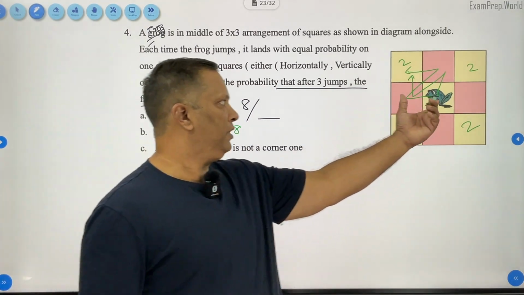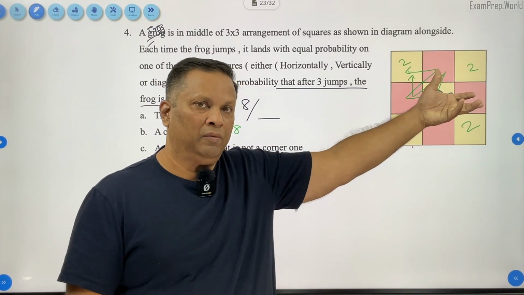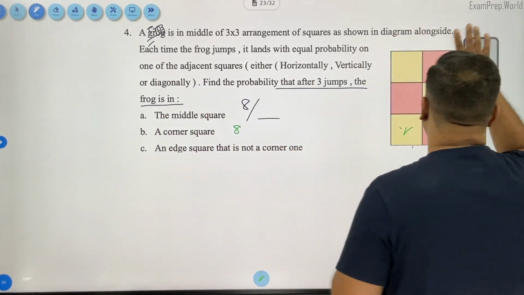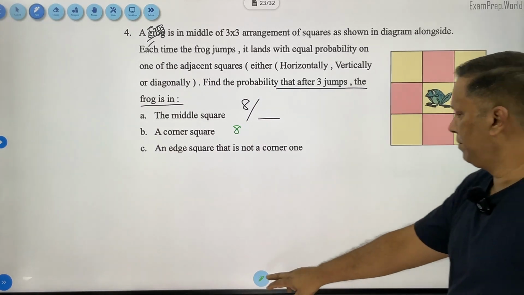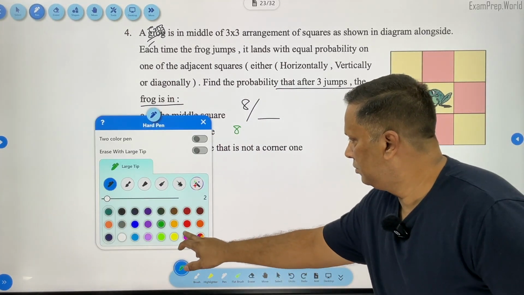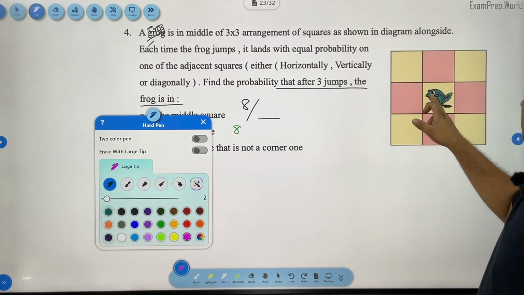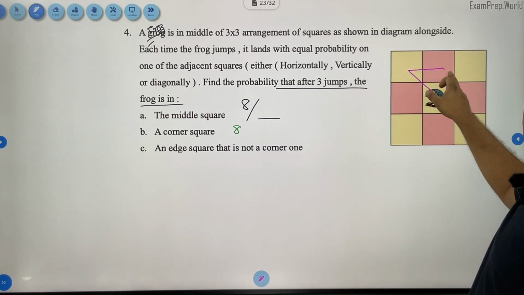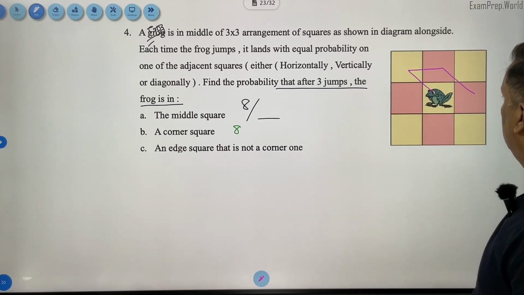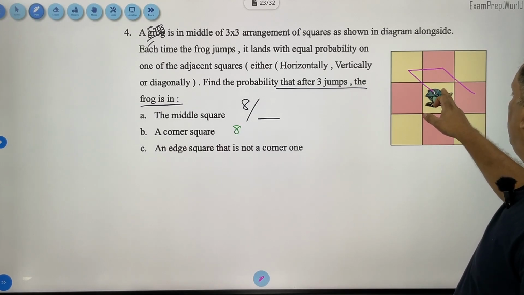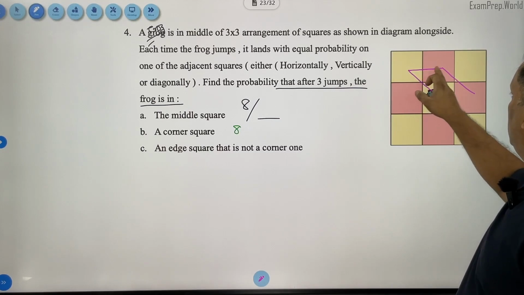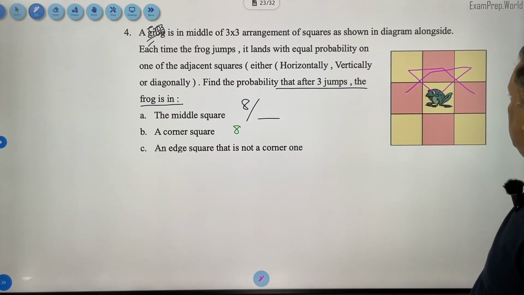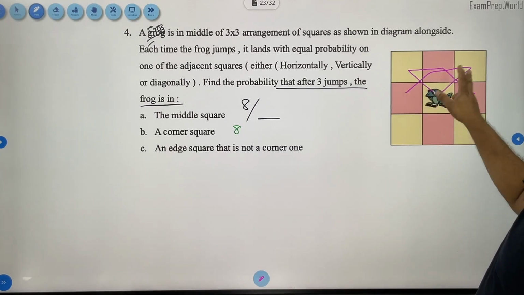So the middle thing we have done, corners we have done. What is left? The pink squares. In 3 jumps, how can you reach the pink square? Look, pink one. He can go here, 1, 2, 3. He can reach pink. Similarly, he can go 1, 2, 3. 2 ways here.